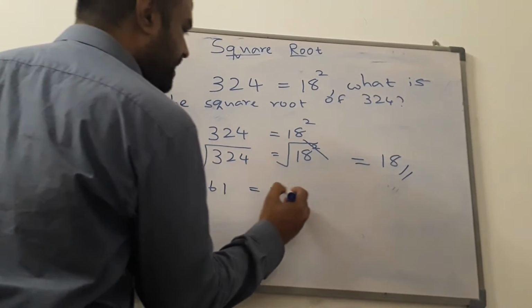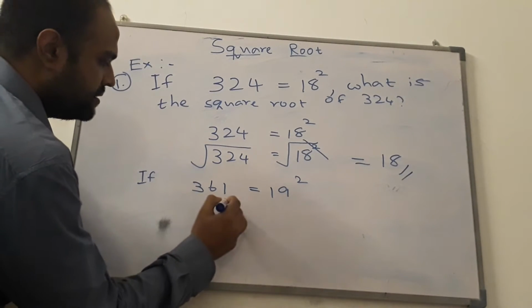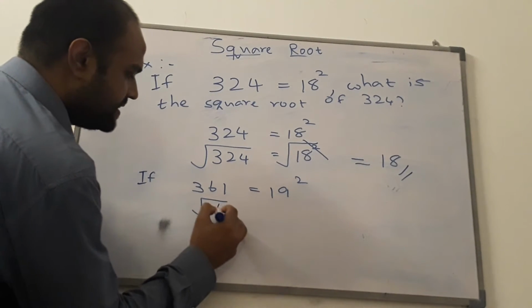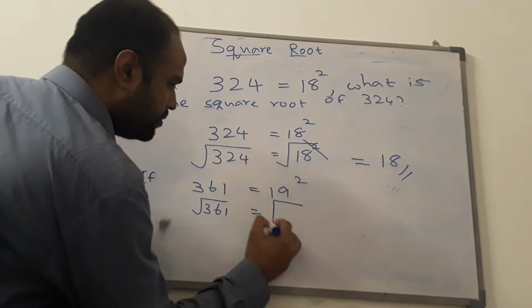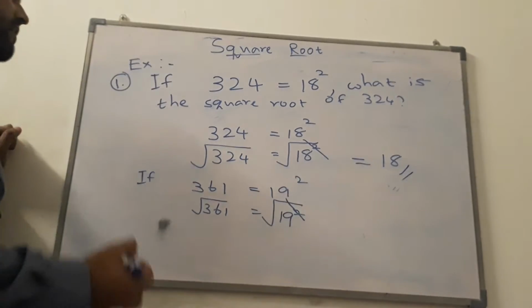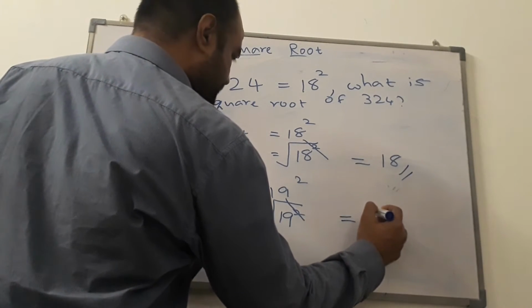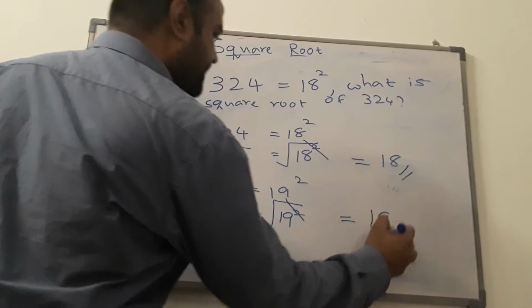Same as if 361 is equal to 19 squared, we can write root of 361 as root of 19 squared. So square and root get cancelled. So square root of 361 is 19.